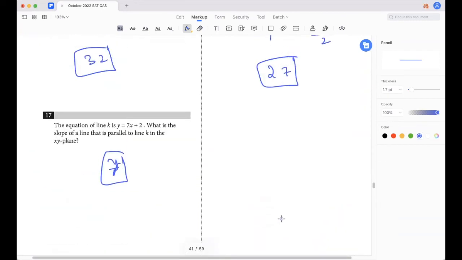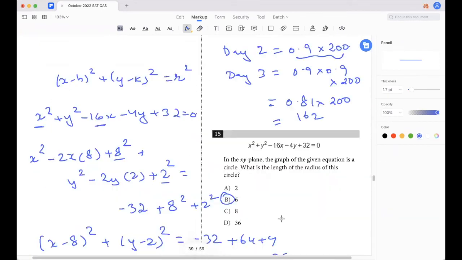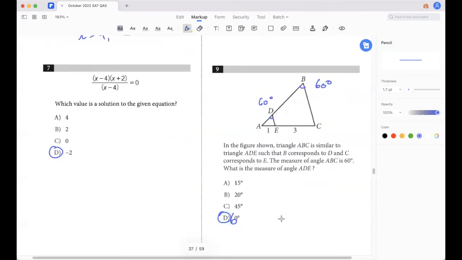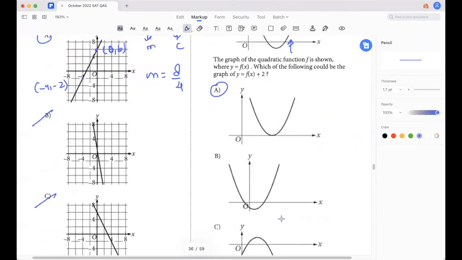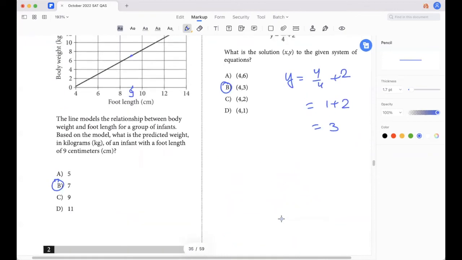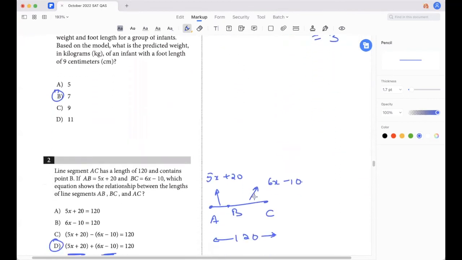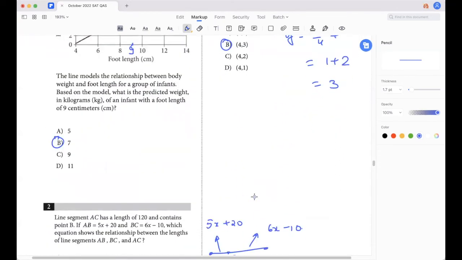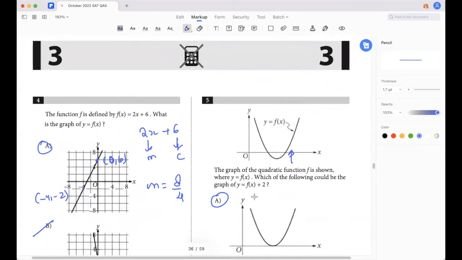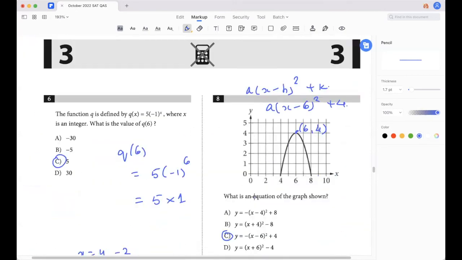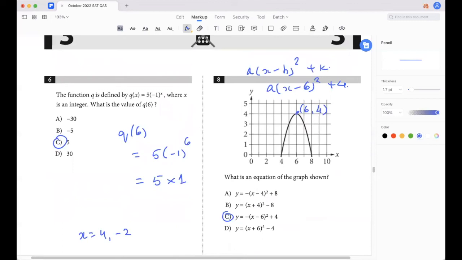Okay, let's grade this. Question 1. B, D, B, double A. Number 6.